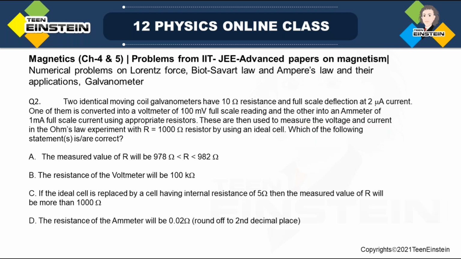Okay, so two identical moving coil galvanometers have 10 ohm resistance and full scale deflection 2 microampere.